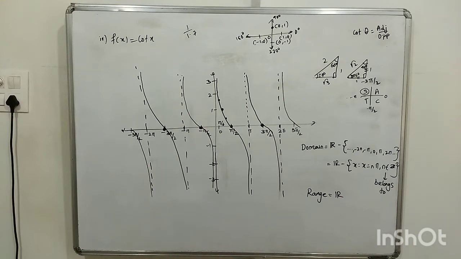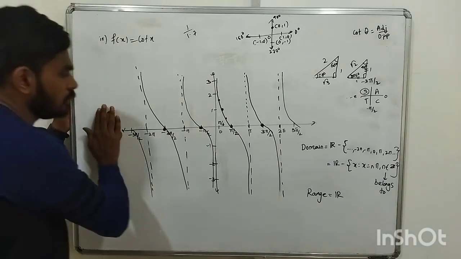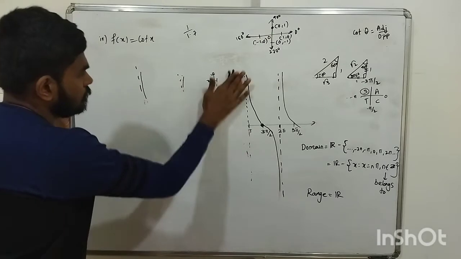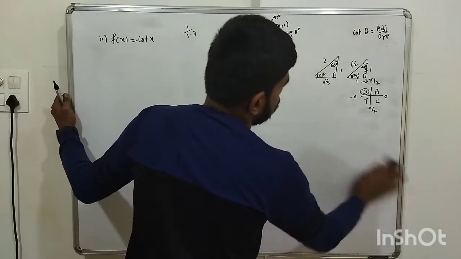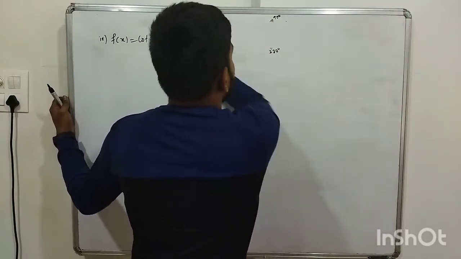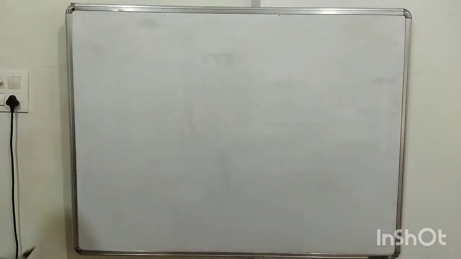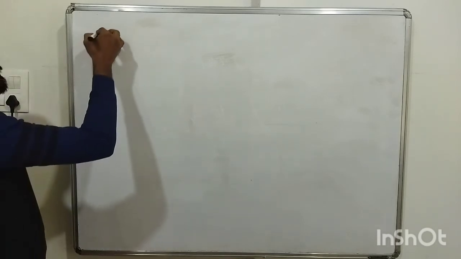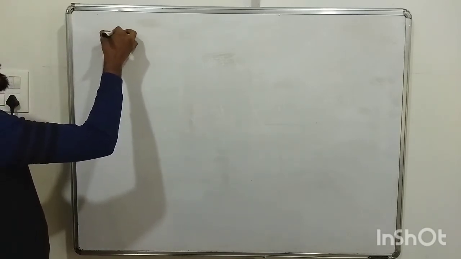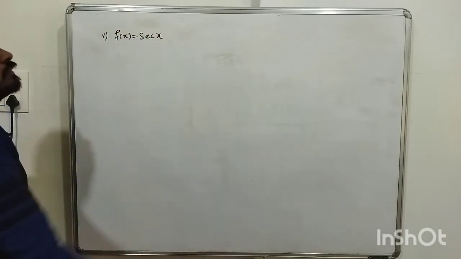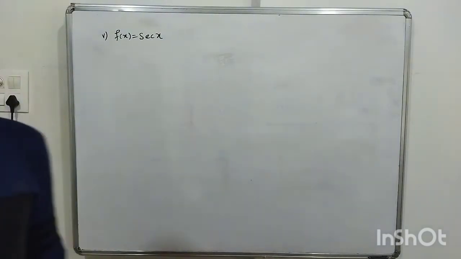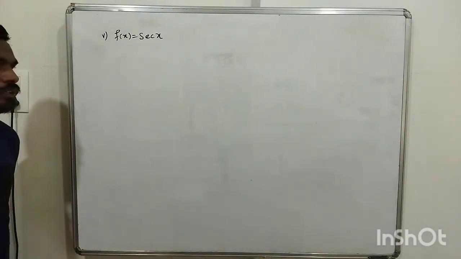Two more graphs are left, which are sec x and cosec x. We'll check one by one. Next one is sec x. F of x is equal to sec x. Sec, as we know, is the reciprocal of cos.